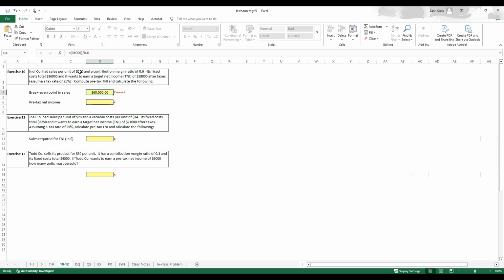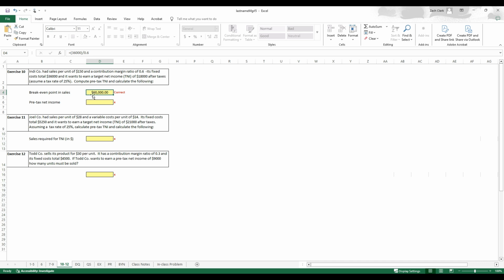We didn't even need to get the dollar amount. It's handy to be able to move between these and figure out what each is showing. Using the contribution margin ratio, if we're just doing this in sales, we can use the 60%. If we wanted to know what the units were, then we would need the actual dollar figure.